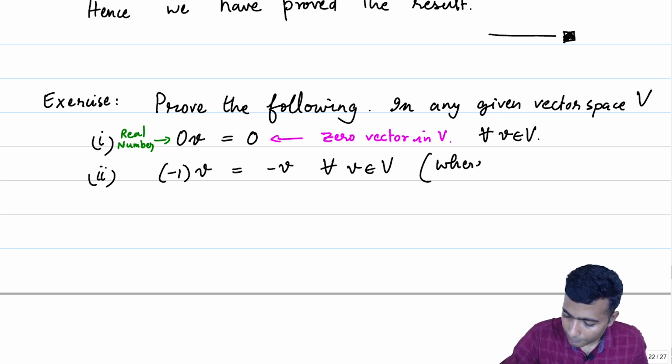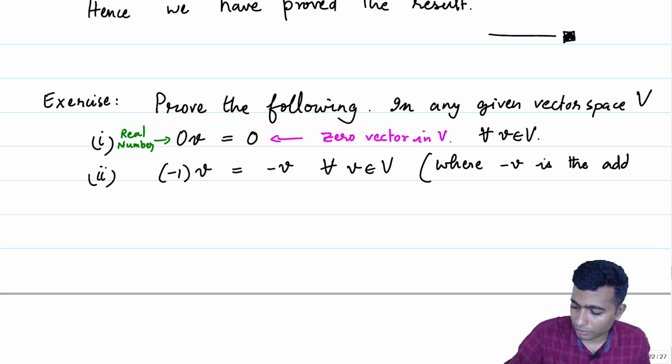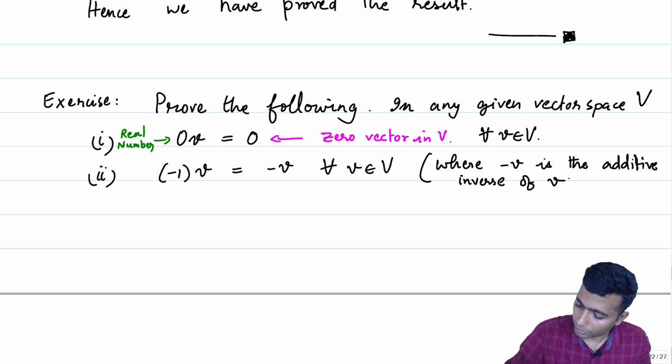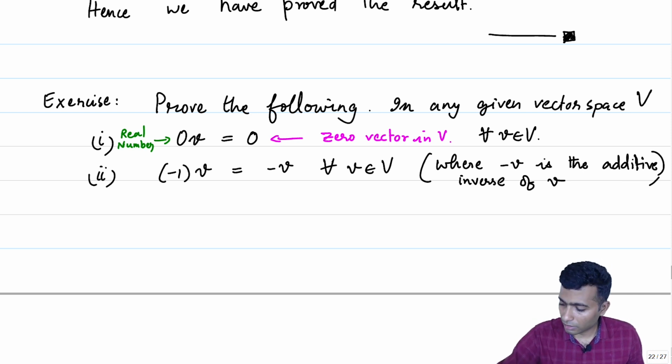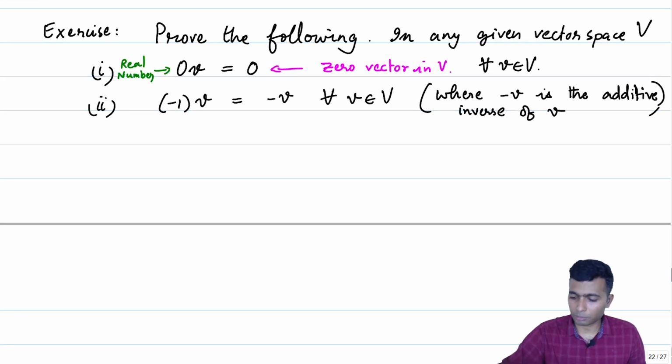Where minus V is the additive inverse of V. Okay, so we have just written the additive inverse. That's not something acceptable yet, because what forces the inverse to be unique? Could have been an additive inverse, right? An additive inverse would have been more appropriate here.